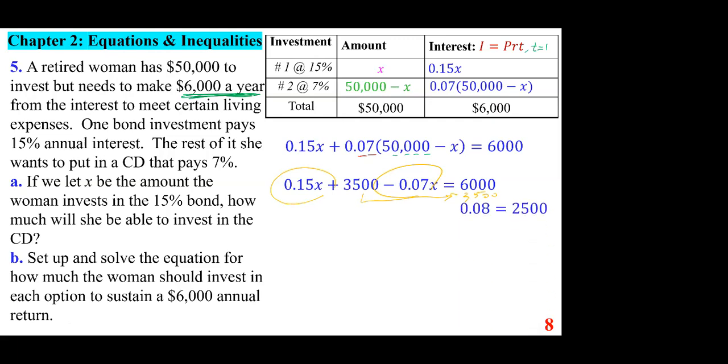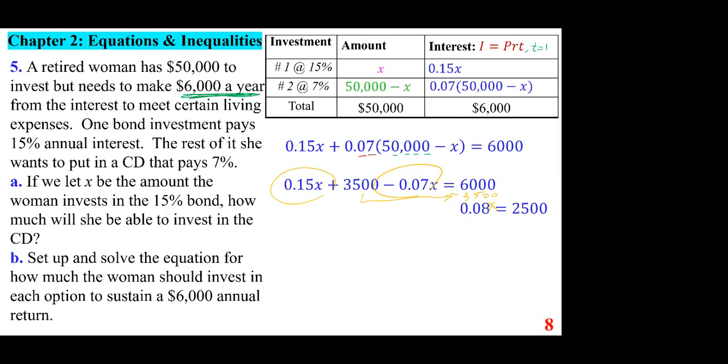So 0.08x, everybody. There's an x missing, class. 0.08x is equal to 2,500. The x is missing, that's a typo.